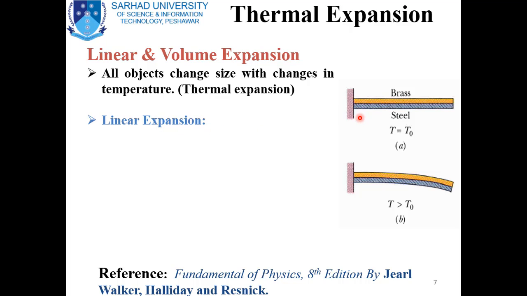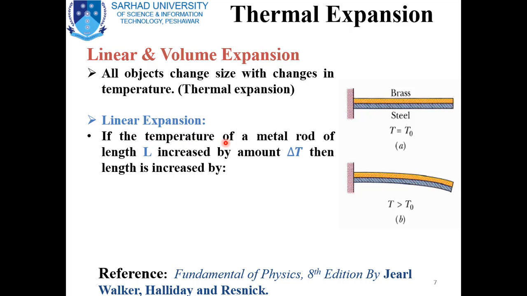In the adjacent figure, two metals of the same length are taken at room temperature, so their lengths are the same, but when the temperature increases, one or both lengths can increase, and the increase need not be the same as we have two different materials. So when the temperature increases and there is an increase in the length of the object, such an expansion is known as linear expansion.